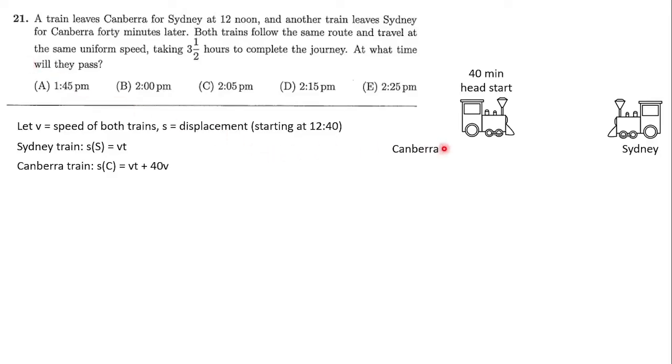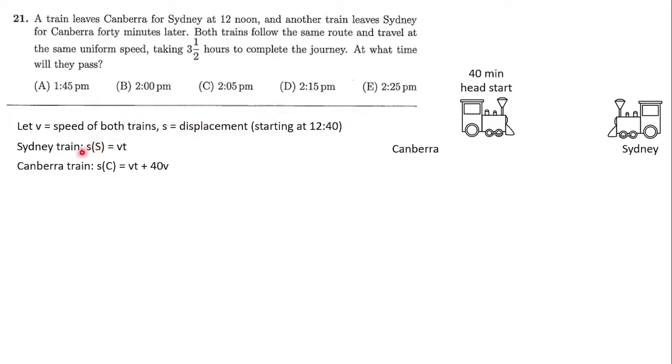So here I have Canberra, and this train got a 40-minute head start going that way. And here's Sydney, which does not have a head start going this way. So I let V equal the speed of both trains, which is the same, and S equals the displacement, starting at 12:40.